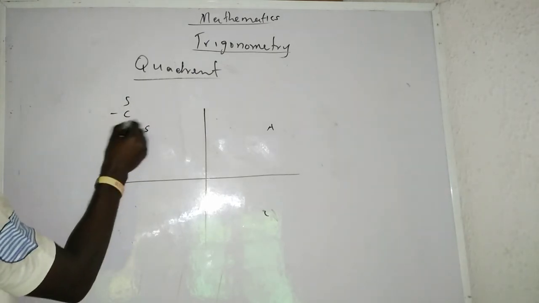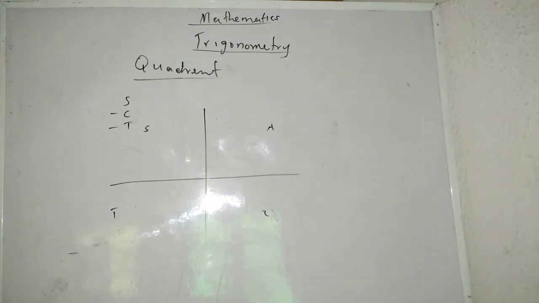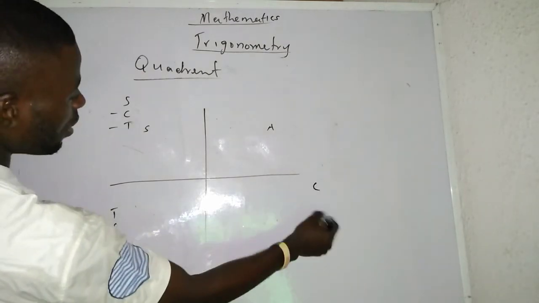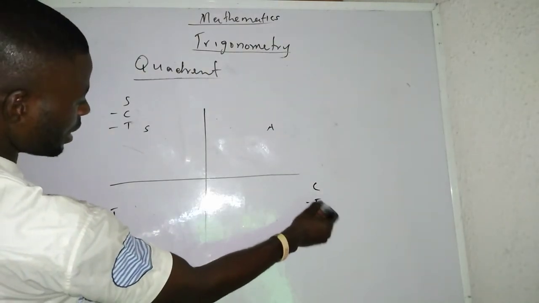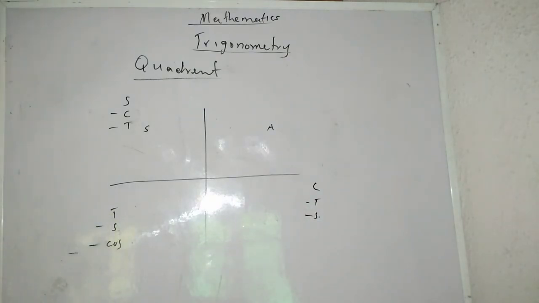Negative. Only tan is positive here, and others are negative. Only cos is positive here. Others are negative.